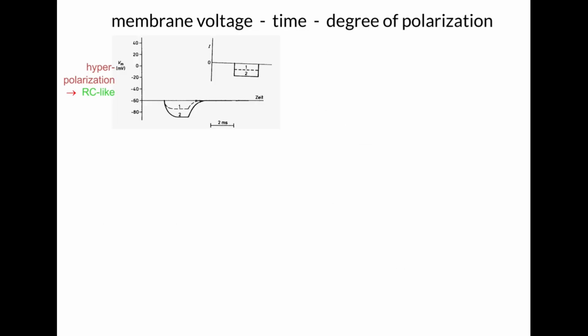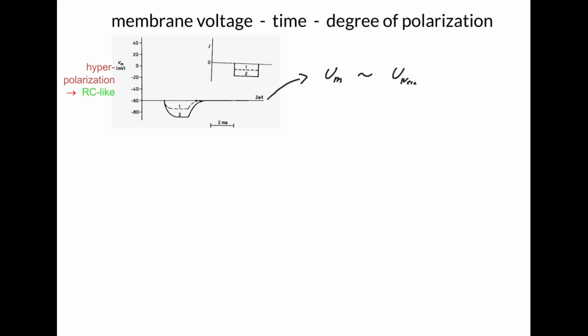Now let's change the experimental setup a little bit by applying an active current through the pipette on the neuron, and follow at the same time how the membrane voltage changes. In this first experiment, we do a so-called hyperpolarization type of experiment. Typically, the membrane potential is held at minus 60 millivolt. Now we apply a current to the membrane, which pushes the membrane potential to lower values.